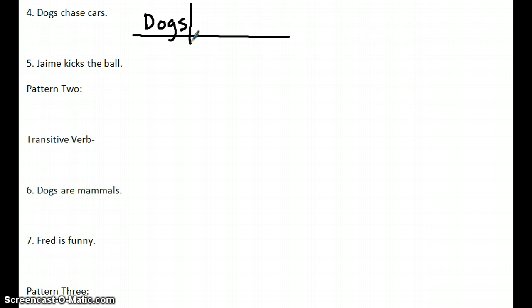Directly to the right of the firewall is the verb. That's what starts the predicate. What do they do? They chase. But now, I have another word in the sentence. Cars. Think about what cars is doing in that sentence. Cars are being acted upon, to use the previous terminology, by the dogs.